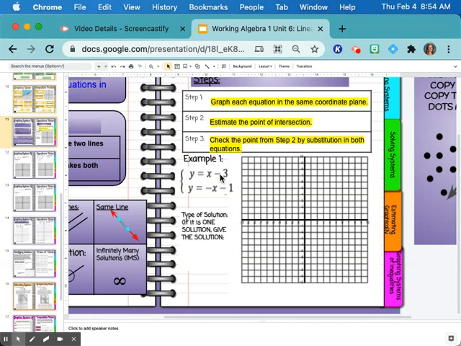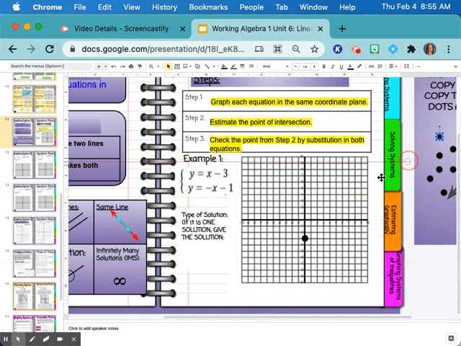Okay, so let's look at y equals x minus 3. So on y equals x minus 3, we are going to plot the y-intercept for the first one. So down 3. And then we are going to do our slope. If we have x, our slope is 1.